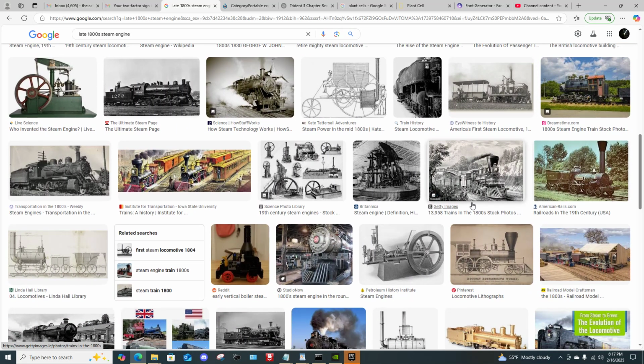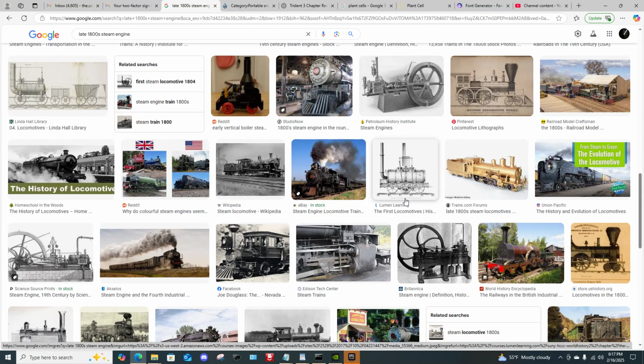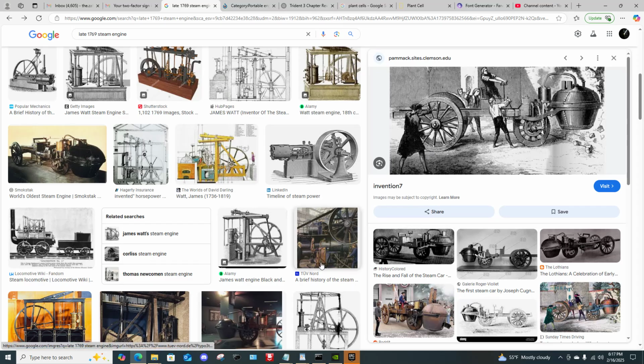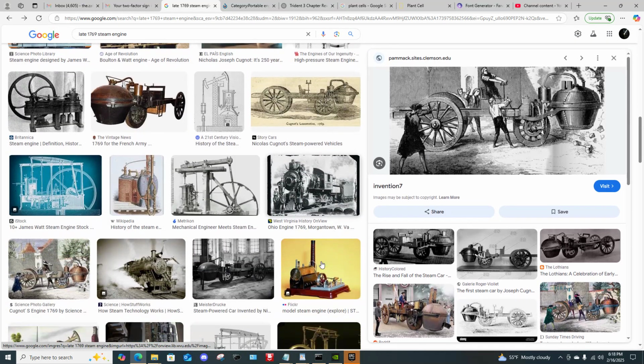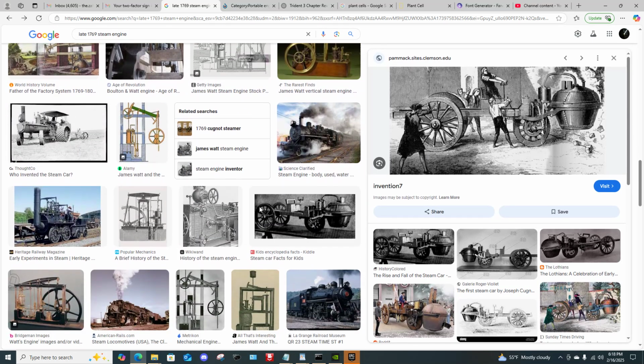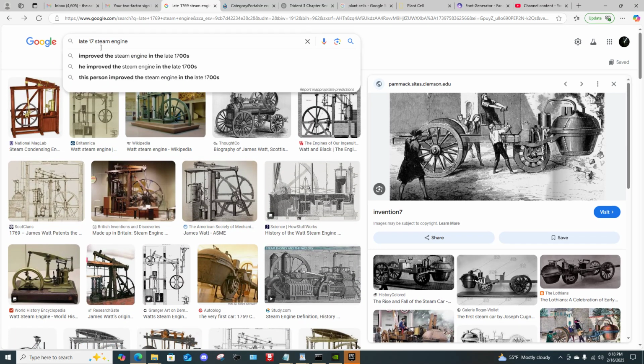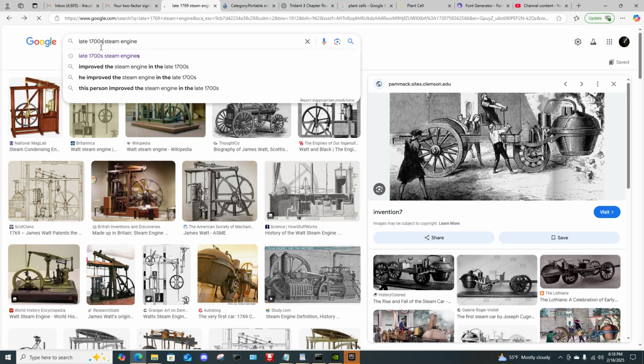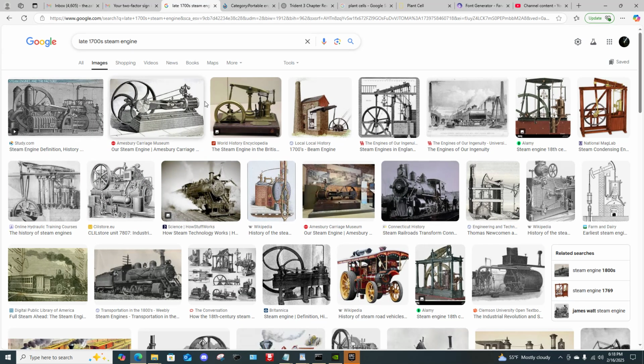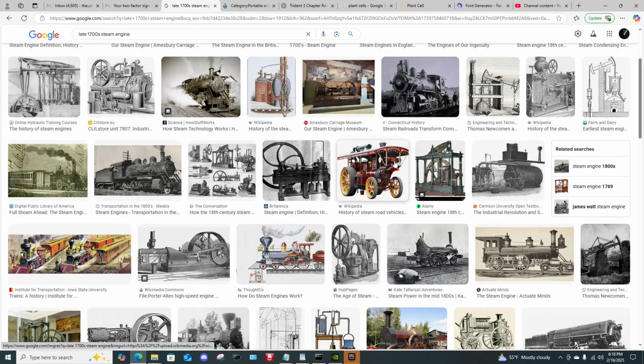You don't see any innovation where you go from this basic steam engine design to these marvelous, huge locomotive tank-like systems. So it seems like there's a section of our history that is missing when it comes to steam engines.